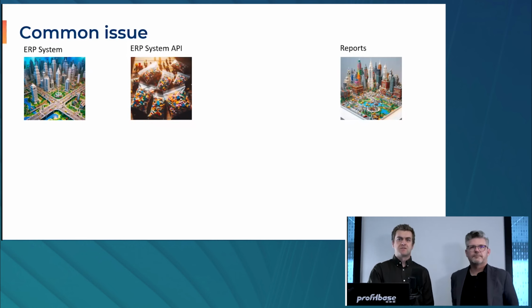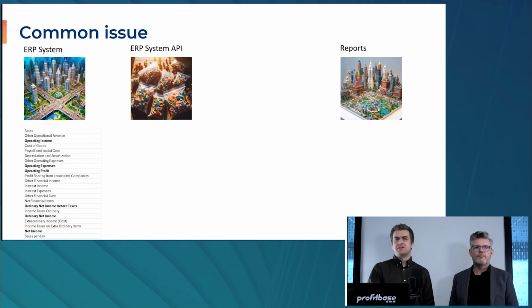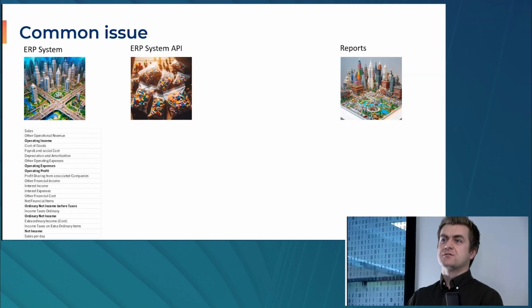I'm not saying everyone is doing this, but some do. In that system, there might be a structure that looks something like this, a long list of P&L items on how the financial report should look. But when it comes to the reporting in Power BI, that's going to be sent around to different stakeholders.